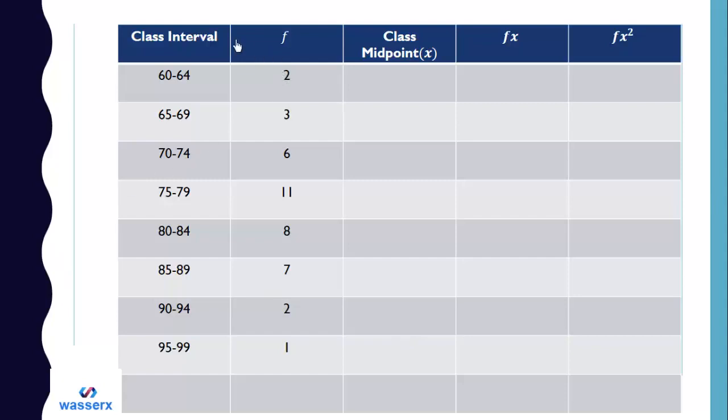So we construct a table that will help us to calculate the mean and the standard deviation. We find the class midpoint by finding the average of the class limits. So 60 plus 64 gives us 124, divided by 2, that will be 62. Now repeat the same process for all.